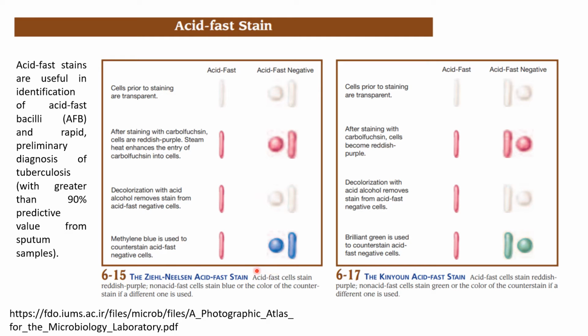We have the Ziehl-Neelsen acid-fast stain, and of course we have the Kinyoun acid-fast stain. So the process is almost similar, but the only difference is in Ziehl-Neelsen, they use carbolfuchsin, like both, okay, but here it uses steam heat to enhance the entry of carbolfuchsin into the cell.